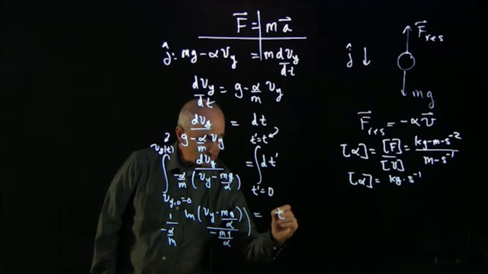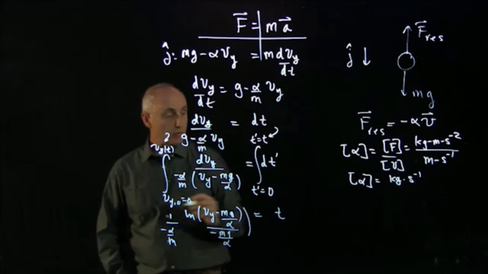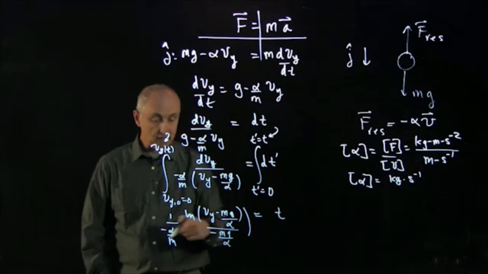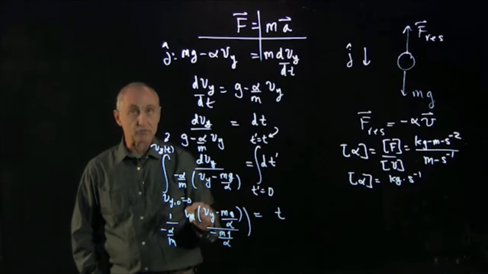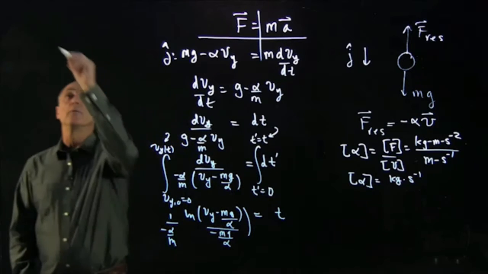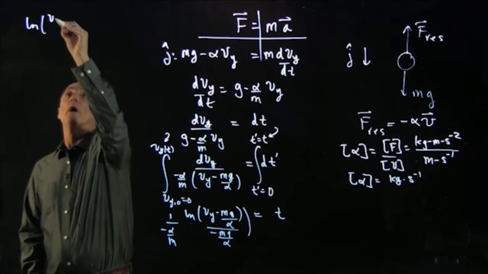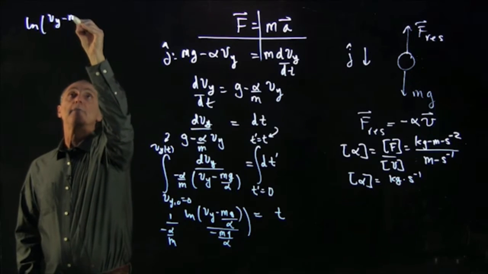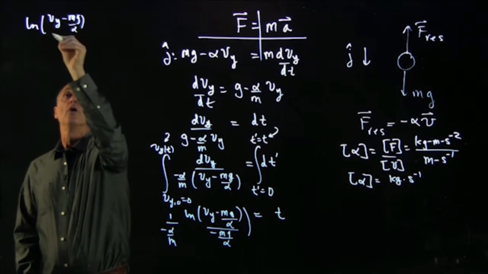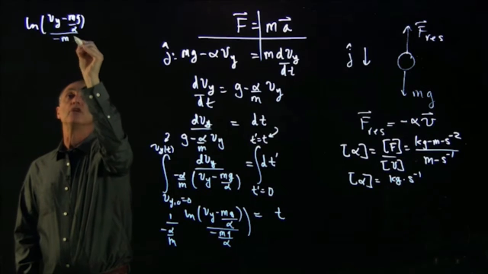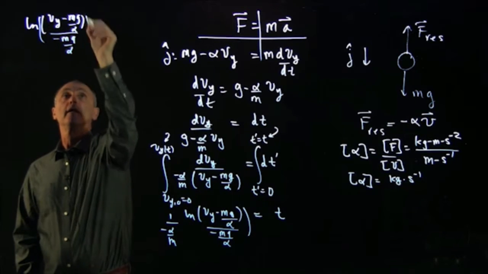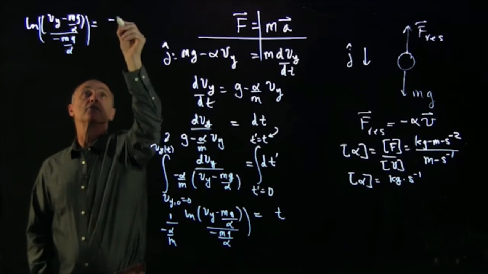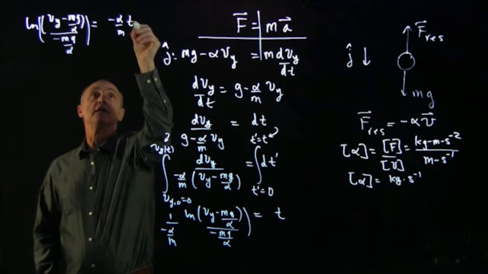And this side is very simply t. Now, we can rewrite this equation by bringing the m over alpha to the other side. And we have log of (vy minus mg over alpha) over (minus mg over alpha) equals minus alpha over m times t.